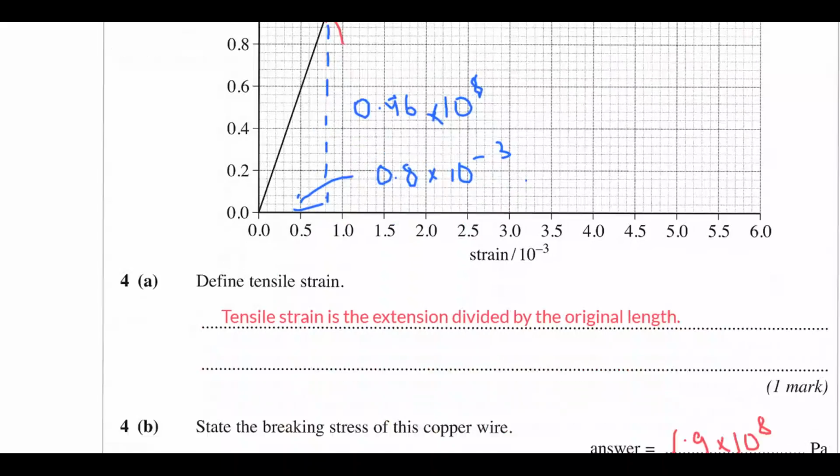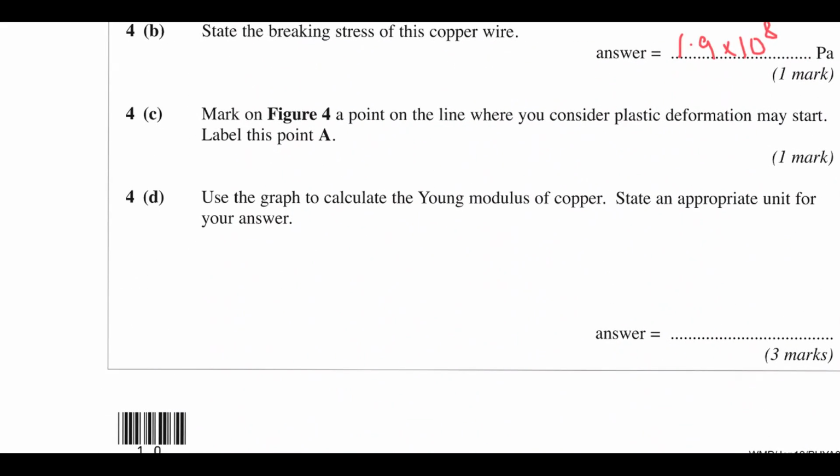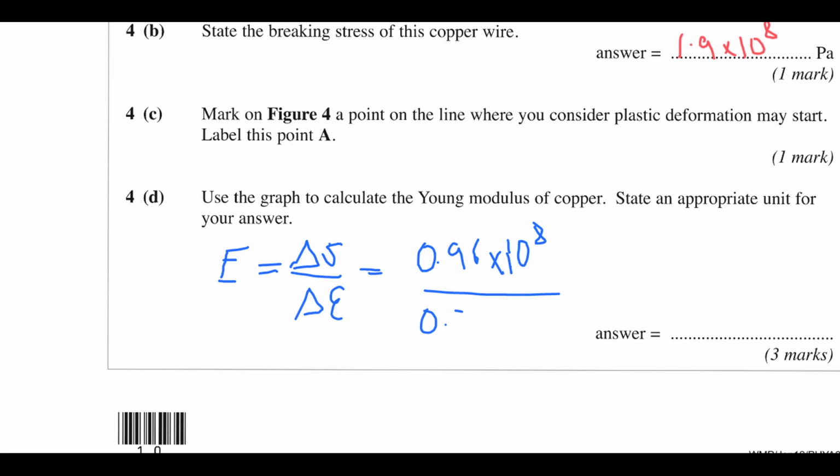So let's put those values in. Young modulus is change in stress over change in strain for a straight line section. That was 0.96 times 10 to the 8 divided by 0.8 times 10 to the minus 3.